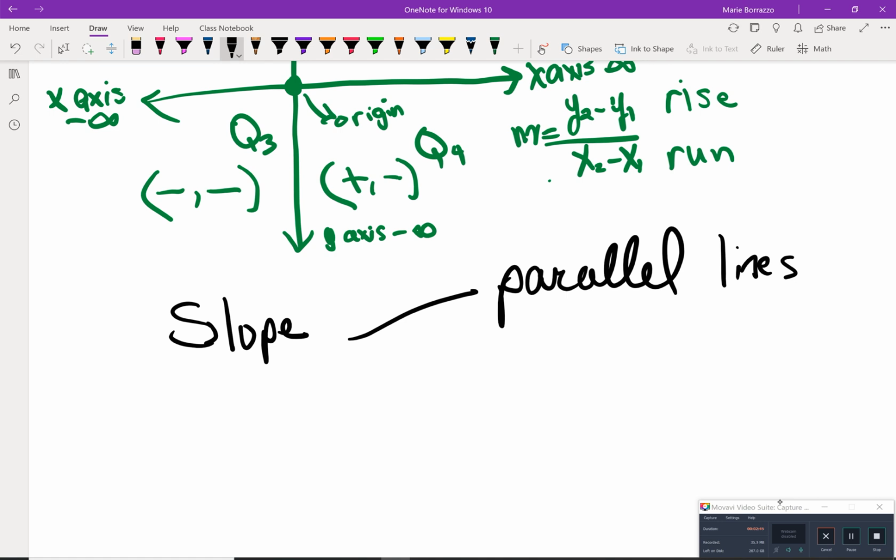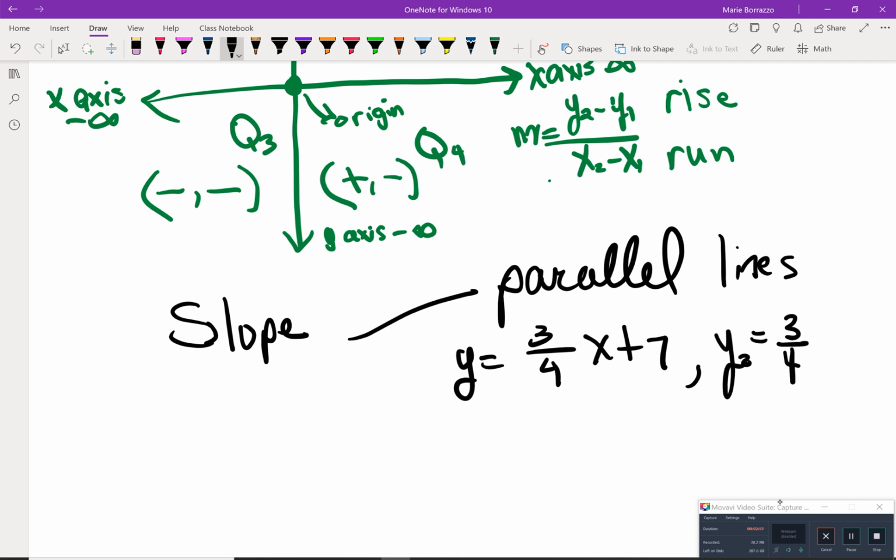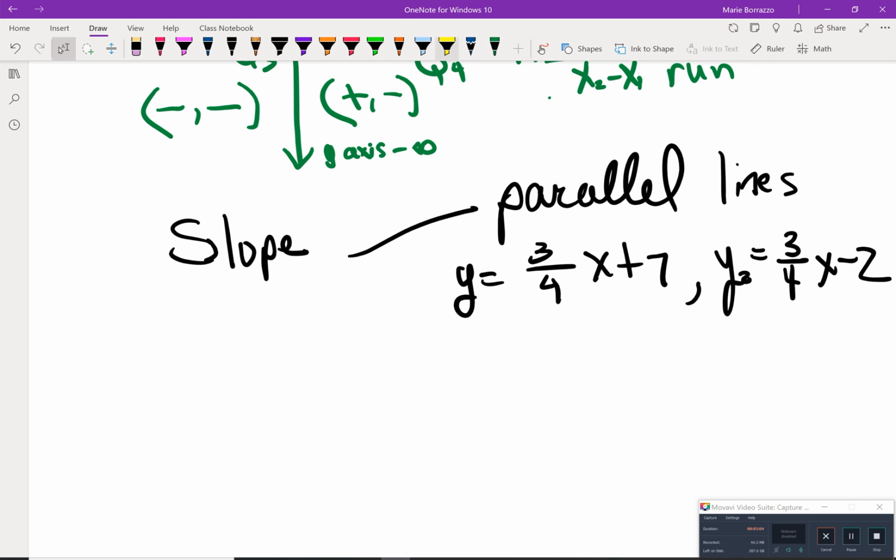So an example would be y equals 3 over 4x plus 7, and a y2 line would be something to the effect of 3 over 4x minus 2. Those are parallel lines because they have the same slope. When we talk about the slope, we're talking about the m value.